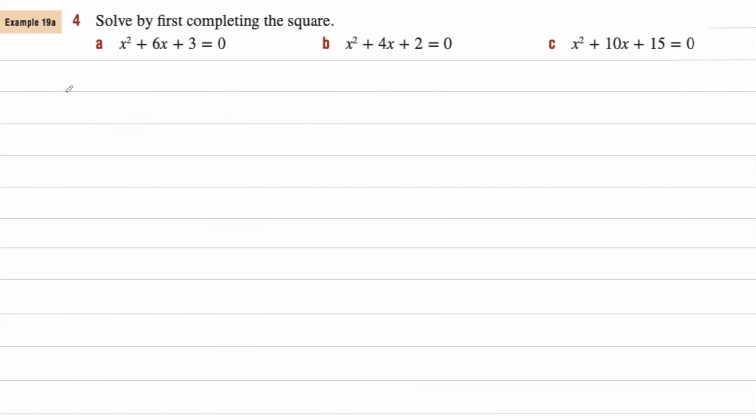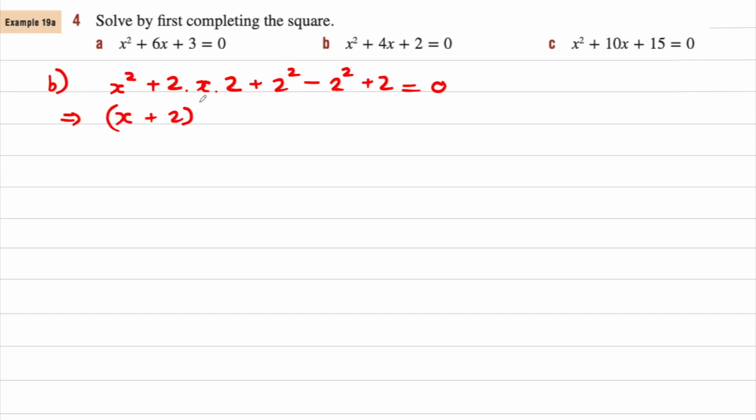Question B. X squared, factor 4 becomes 2x times 2. And then I got 2 squared because the second number will be 2, and minus 2 squared immediately, plus 2 here. The next step, factorizing, you got x plus 2 squared like here, minus 4 plus 2 equal to 0.